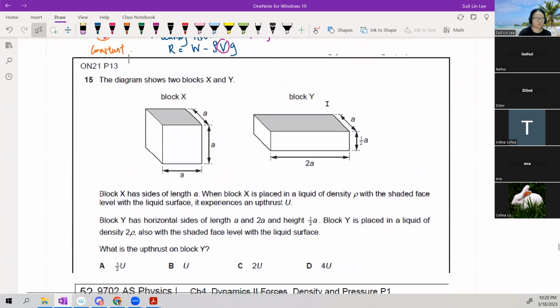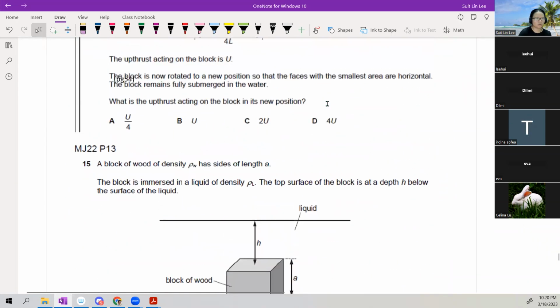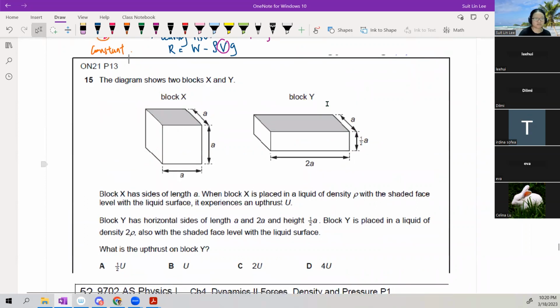Okay, so the remaining ones are the ones that involve pivoting on derivation, I guess. So for example, for this one, you have two blocks, X and Y. You are given the dimensions of all the blocks. Block X is placed in a liquid of density rho with the shaded face level with the liquid surface, and it experiences upthrust.